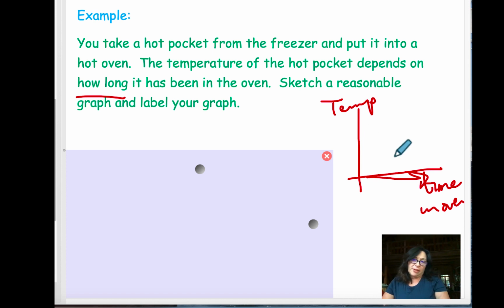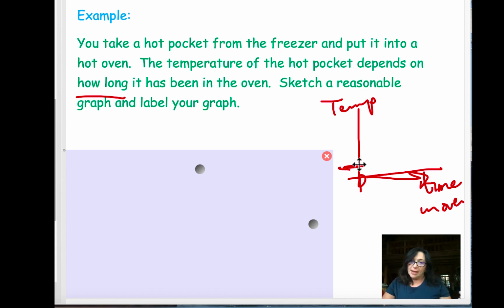So we already started off with temperature and time down here. So what I want you to do is, again, pause the video, take a minute, and try to draw your graph. Okay, so hopefully you did that. Sketching a reasonable graph. Think about this. When you took the hot pocket out of the freezer, it's super cold, right? So that would be here, cold. But this is temperature at 0, right?